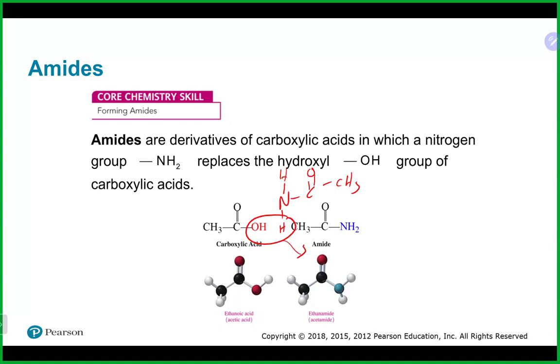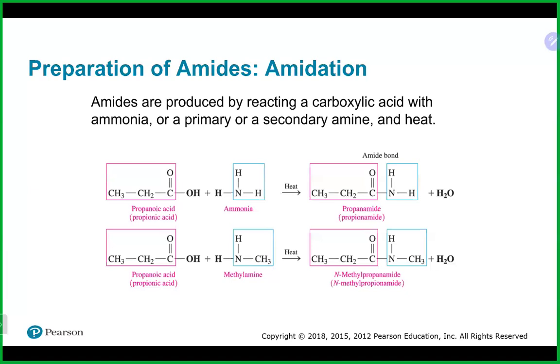You take out the OH from the carboxylic acid, you take out one of the hydrogens from the amine, that takes out water, and then whatever's left, kind of like what we do in an esterification reaction, you squeeze them together and you get your amide group.